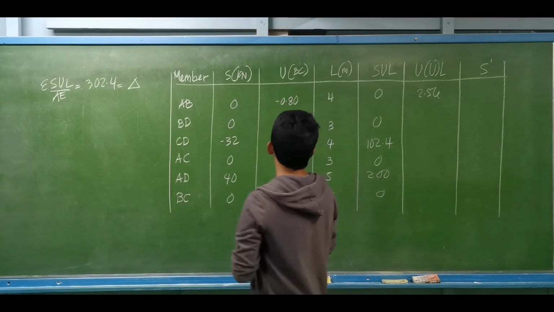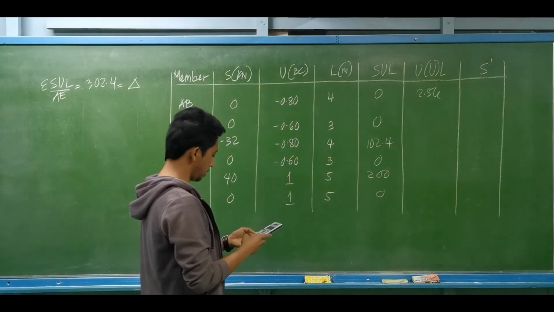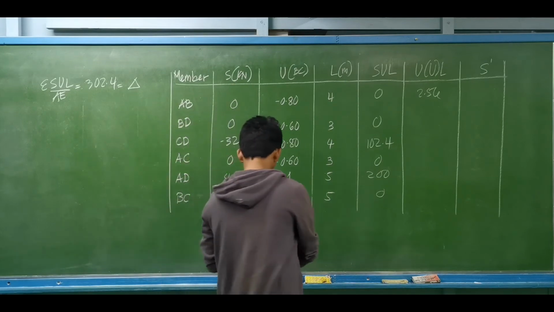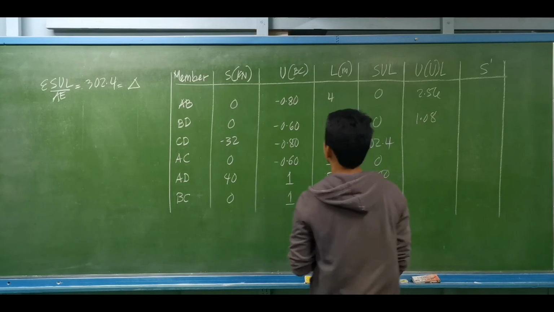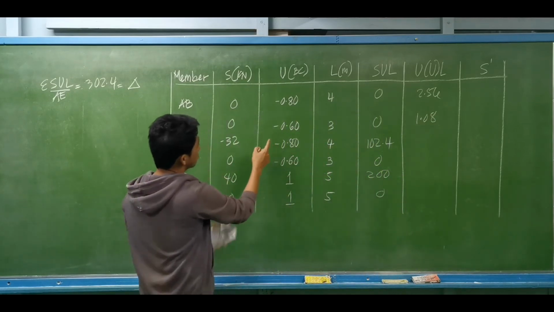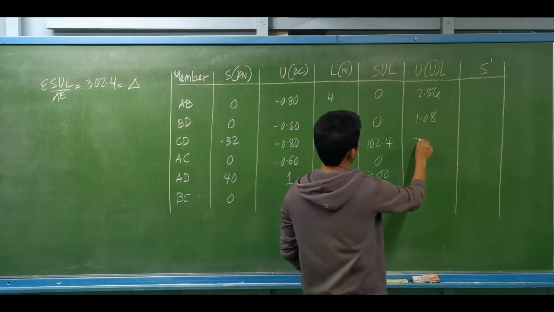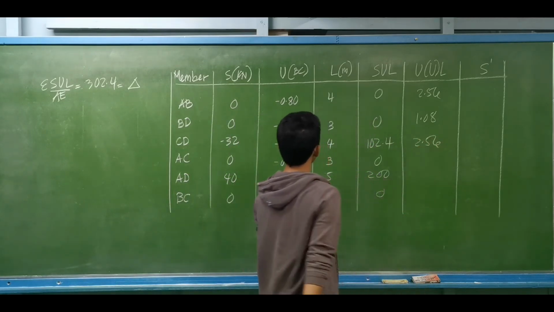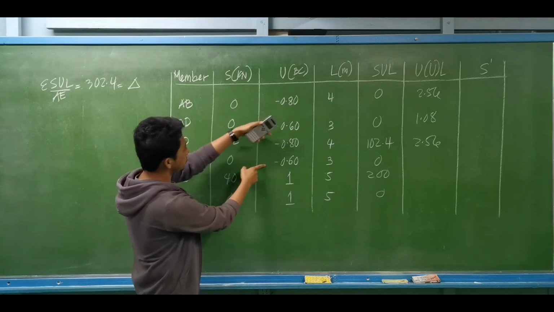And then we have negative 0.6 squared times 3, which is 1.08. And these two are the same. Negative 0.8 squared times 4 is equal to 2.56.